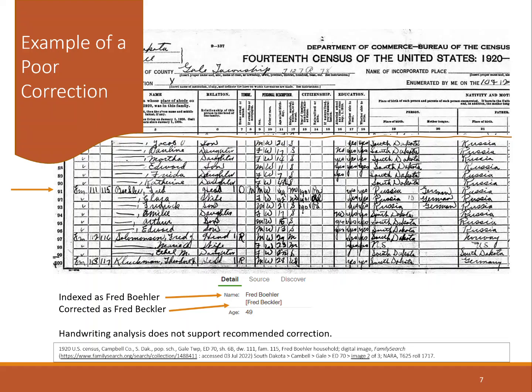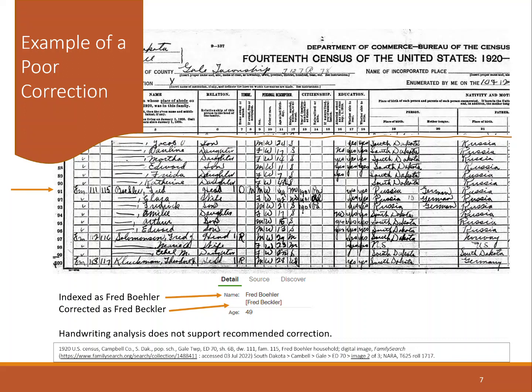Now let's look at the other example. This is an example where I found somebody else had input a correction, and the corrections show up, for instance, in FamilySearch down in the area underneath where you can see the names that were written up there, or in the actual record detail.